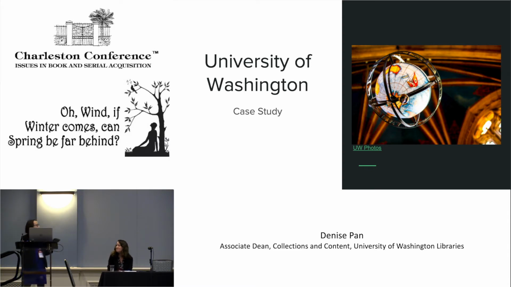So a little context for the University of Washington. It's one library serving 3 campuses. We're ranked in the top 10 of U.S. public libraries according to the Association of Research Libraries.